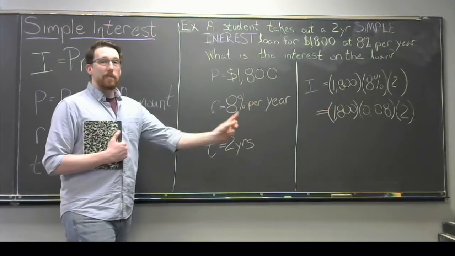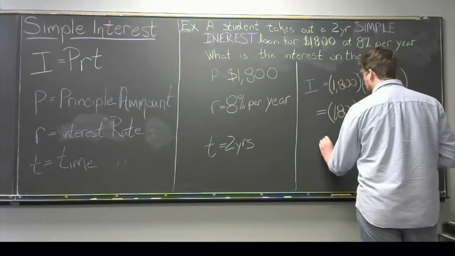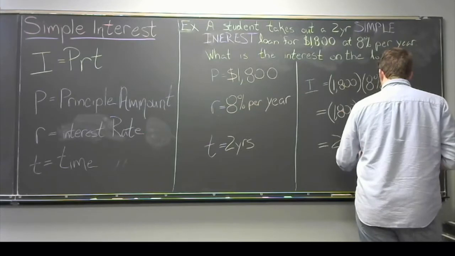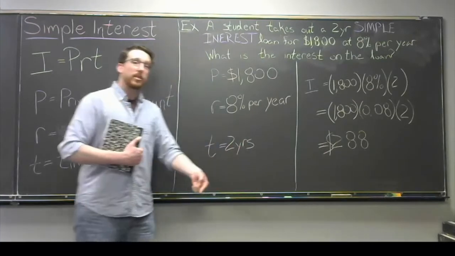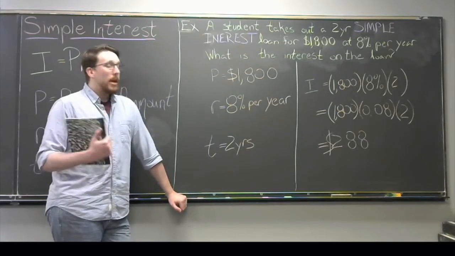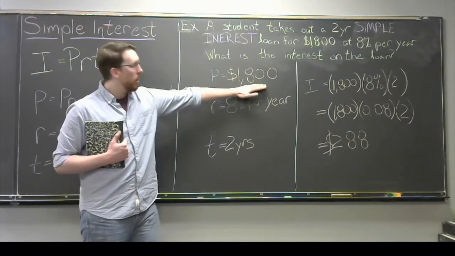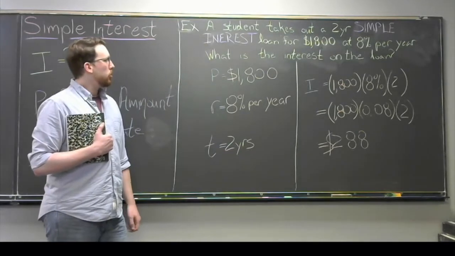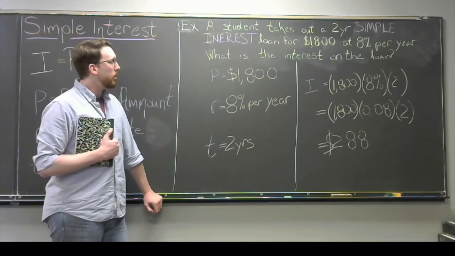When we multiply all of this through, we find that the amount of interest that the student incurs is $288. So this is the interest they incur, right? So that means on top of what they have to pay back for the principal amount, they also have to pay back the $288. Cool. This is the gist of it. It's really not too terribly crazy.